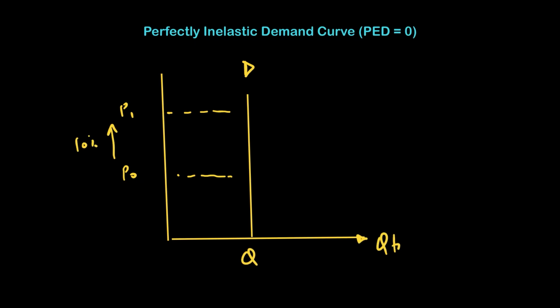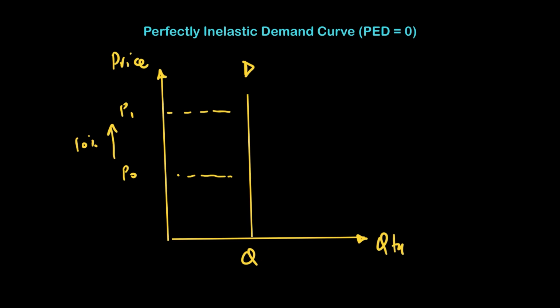So what happens to revenue for such a good? Remember, the example of a perfectly inelastic good is a life-saving drug, where you are not changing your quantity in response to a change in price.